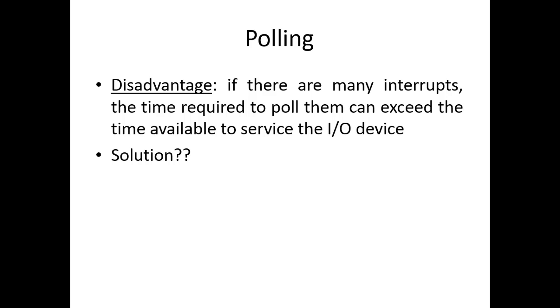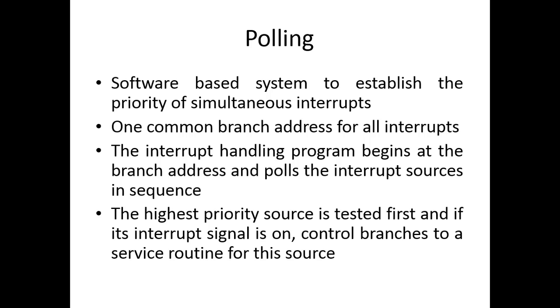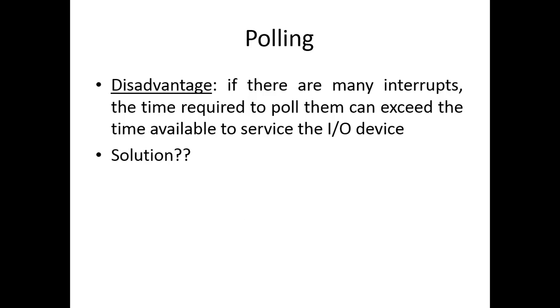Now, this method is simple to implement. But the limitation of this method is that if the logic of this interrupt handling program is complicated and time consuming, then sometimes the time needed to poll all simultaneous interrupt requests exceeds the time that is needed to service the I/O device, which is obviously not feasible to implement practically.